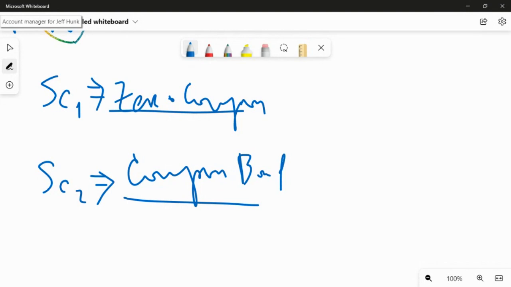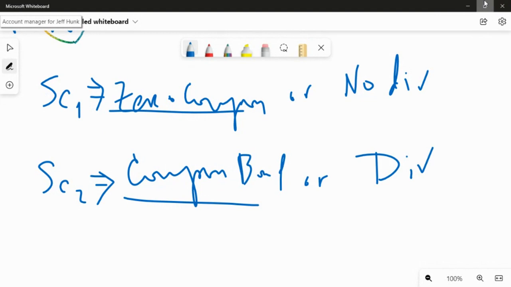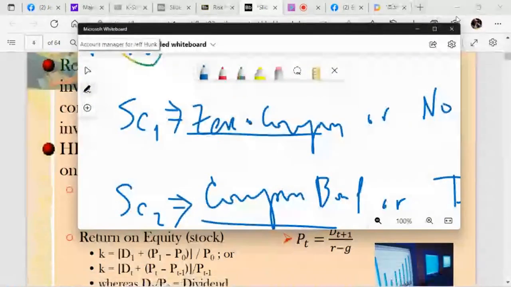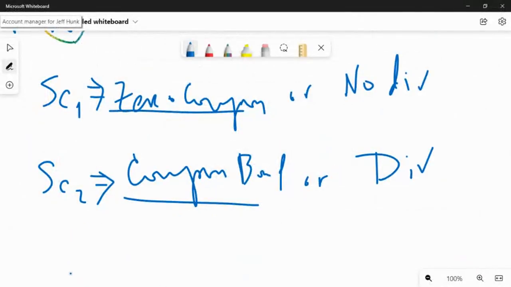If it is a stock, scenario 1 will be a stock that pays no dividend, and scenario 2 will be a stock with the dividend, right? So think about it. If the stock pays no dividend, then there will only be capital gains or capital loss.